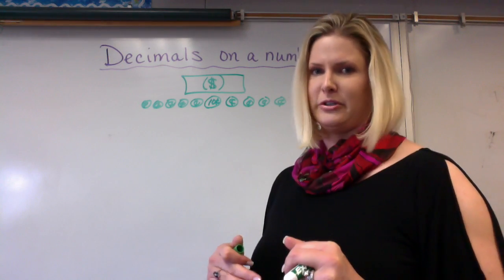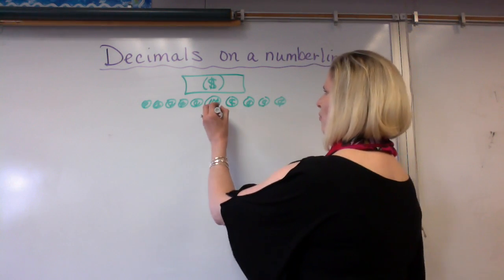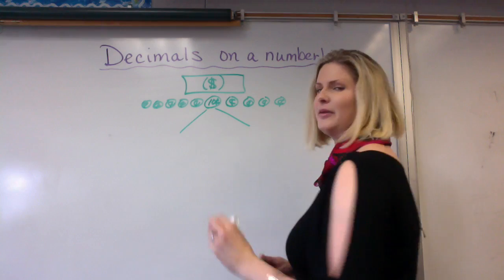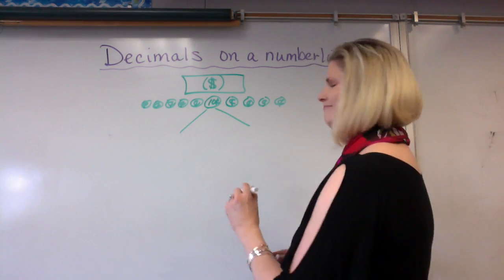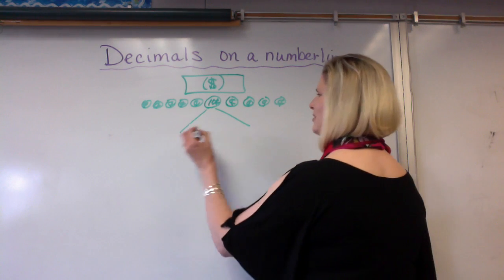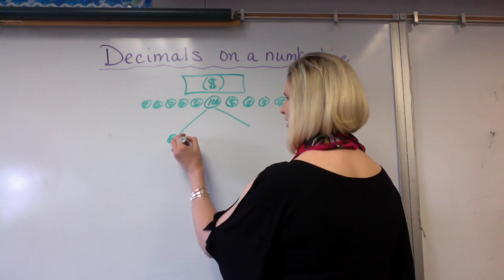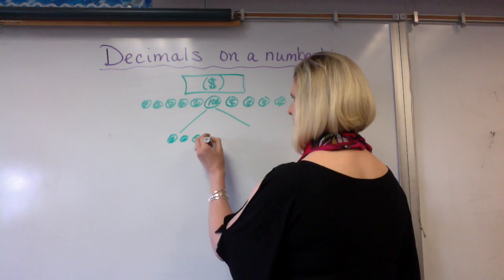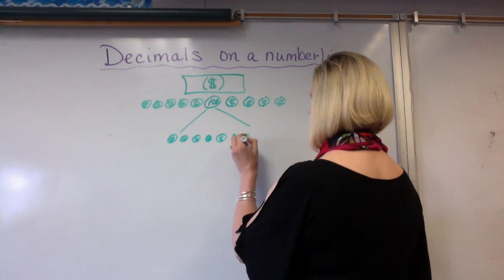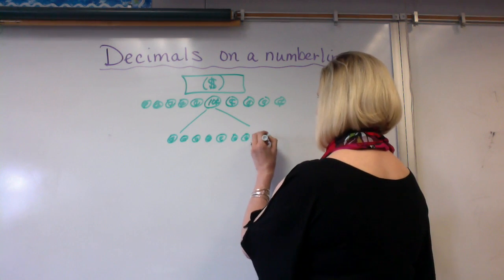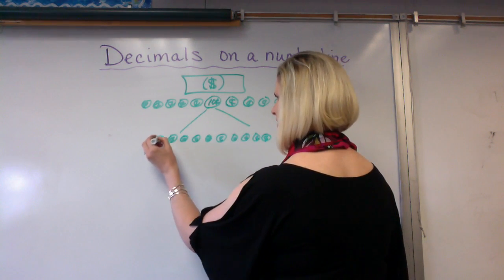Let's go even smaller. So let's think about what is the next step underneath a dime? How many pennies are in a dime? 10 pennies. So let's do our pennies here. 1, 2, 3, 4, 5, 6, 7, 8, 9, 10.